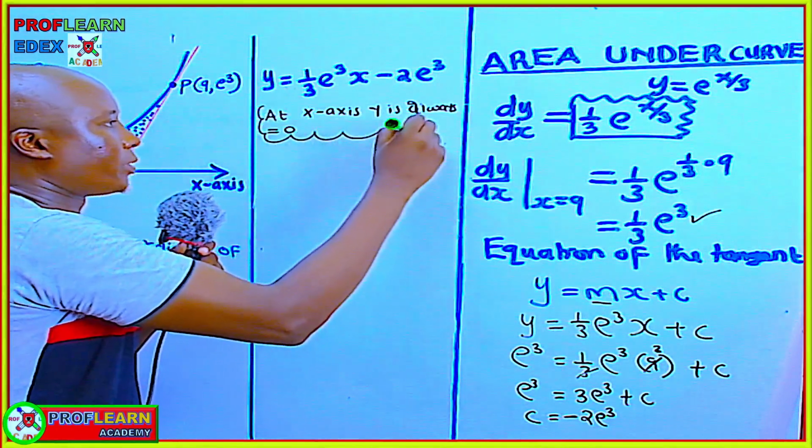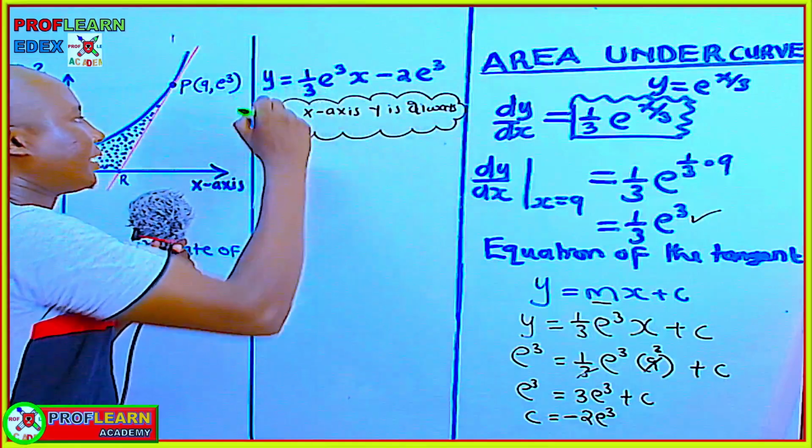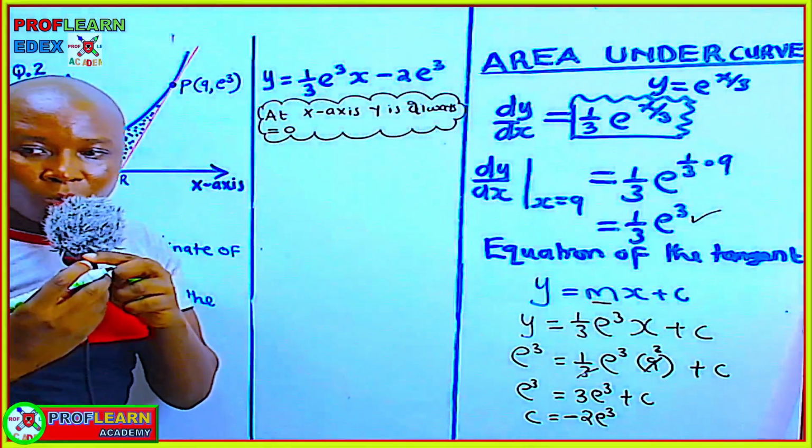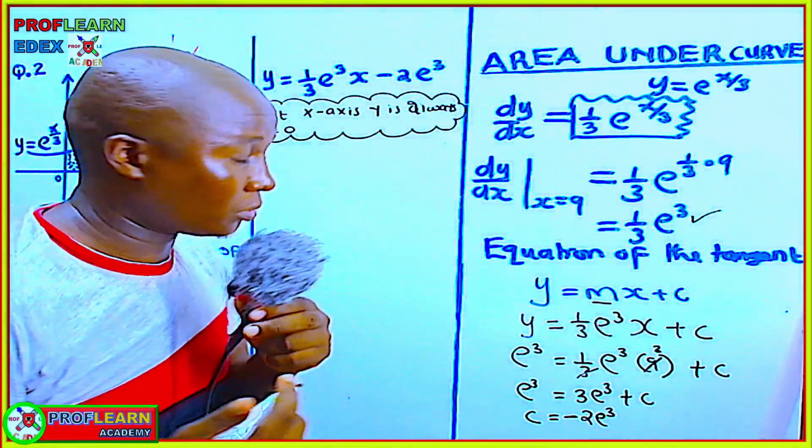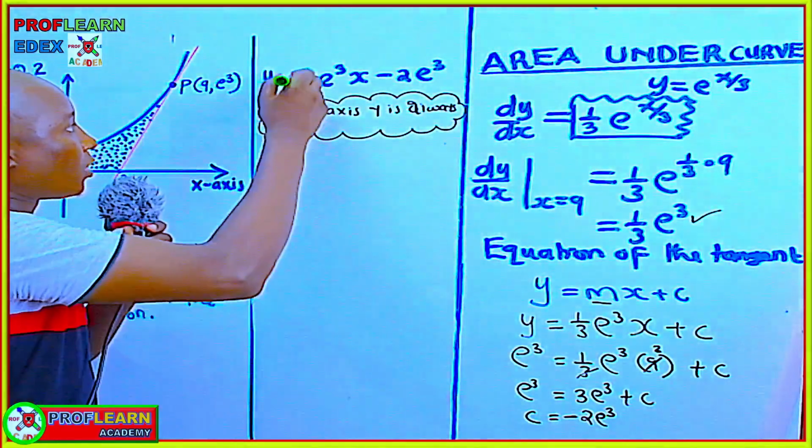You take that to the bank. So we are going to substitute 0 into the equation of the tangent so that we can find the x coordinate at this point, and then go ahead and solve this.